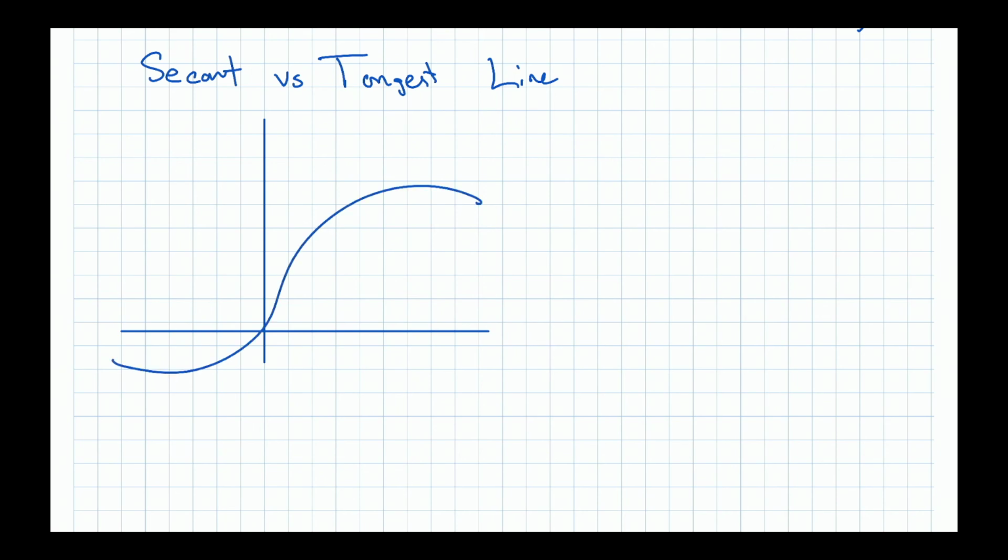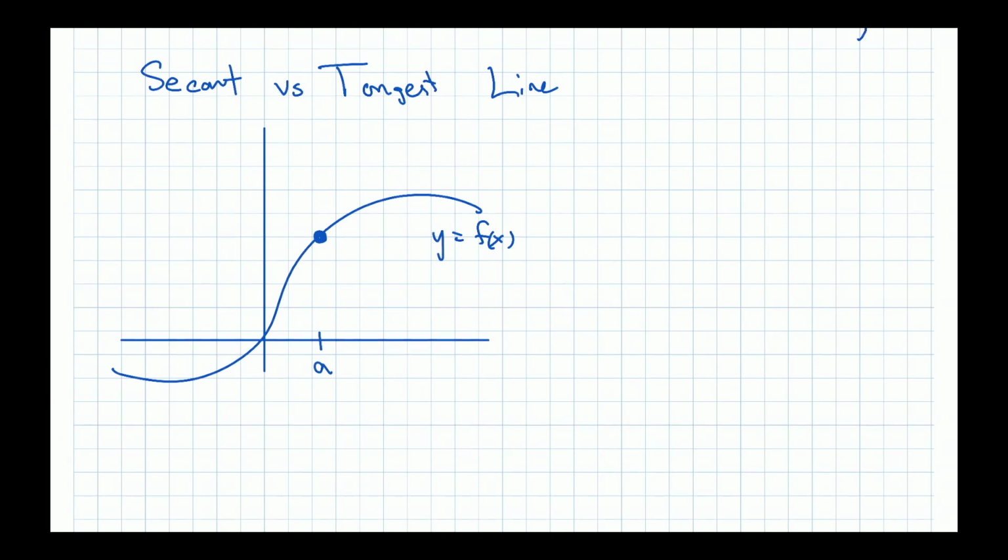That's just a function, so we'll call this y equals f of x. I need to put a point on here. I'm going to put the point right here. I'm going to call that a, and I'm going to put another point up here, and I'm going to call that a plus h.